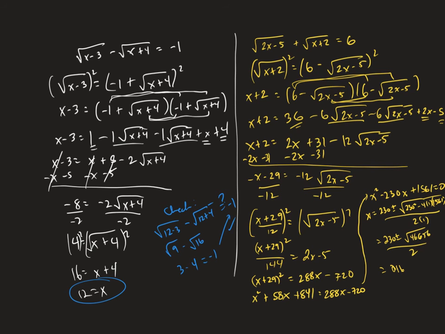Now, that's supposed to be a 230 there. So that's 230 plus or minus 216 all over 2. Now, 230 minus 216 is 14 over 2, so that's 7. And 230 plus 216 is 446 over 2, which is 223.